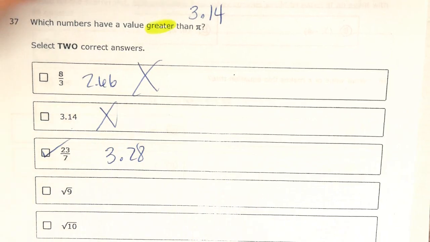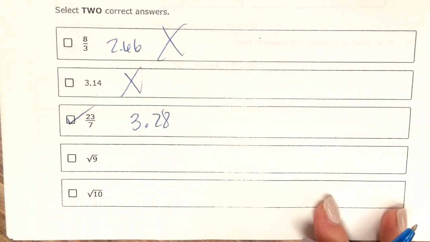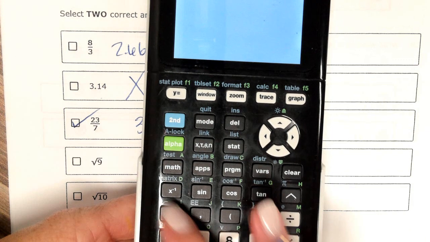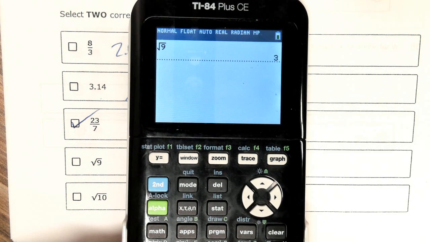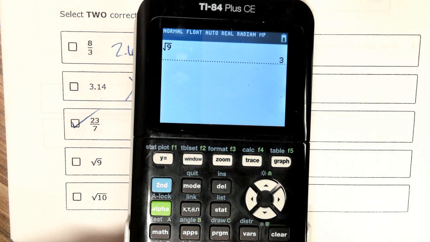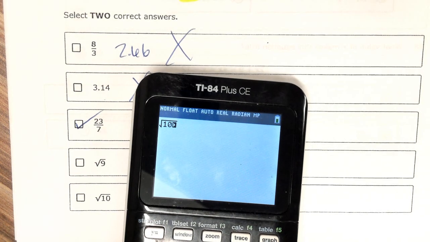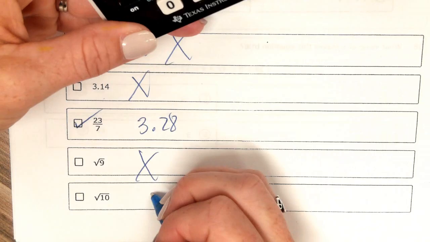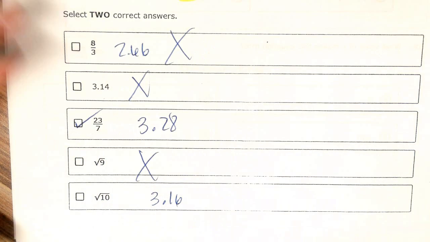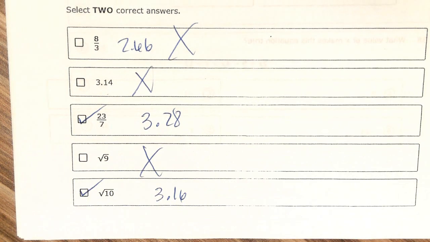Okay, so there's one answer. The square root of 9. Is 3 greater than 3.14? No. And the square root of 10. Is 3.16 greater than 3.14? Yes.